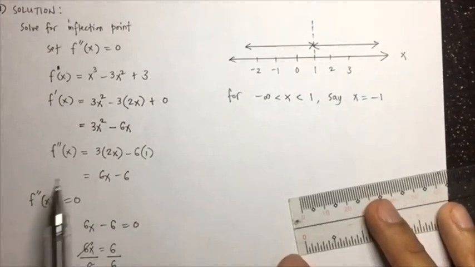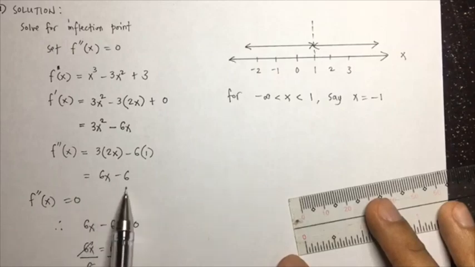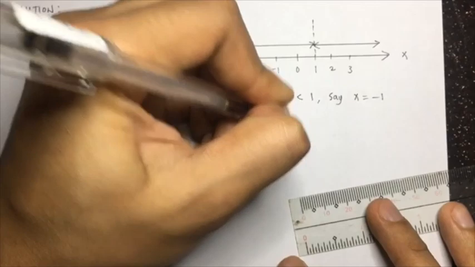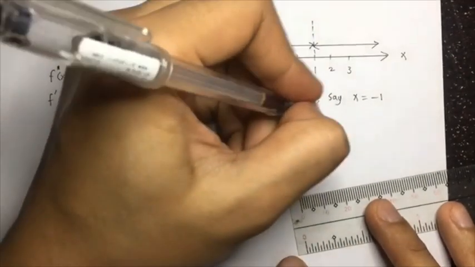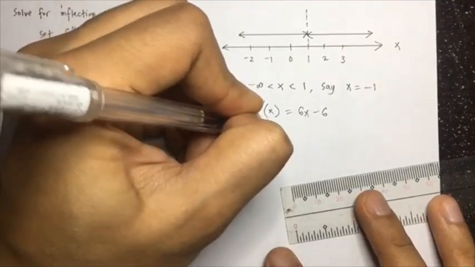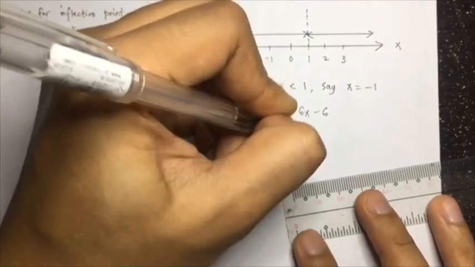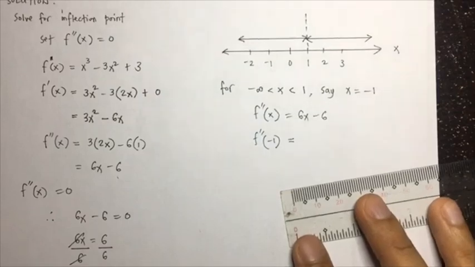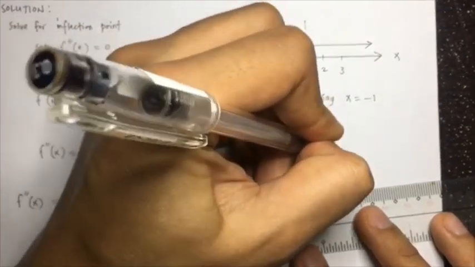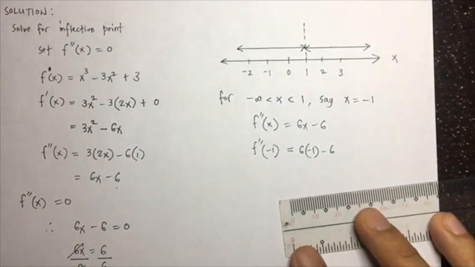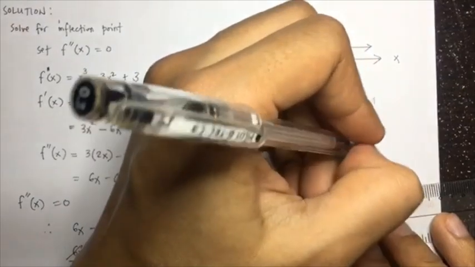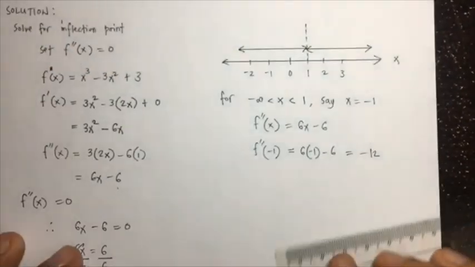Using the second derivative, which is 6x minus 6, f double prime of negative 1 is equal to 6 times negative 1 minus 6, which is negative 12.